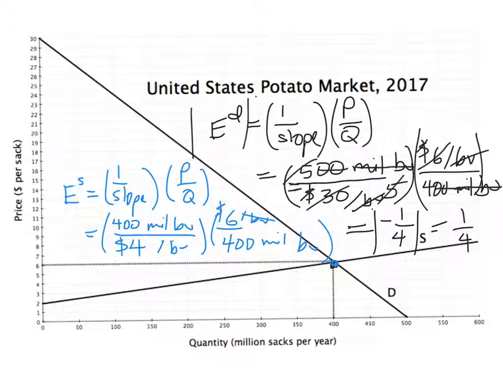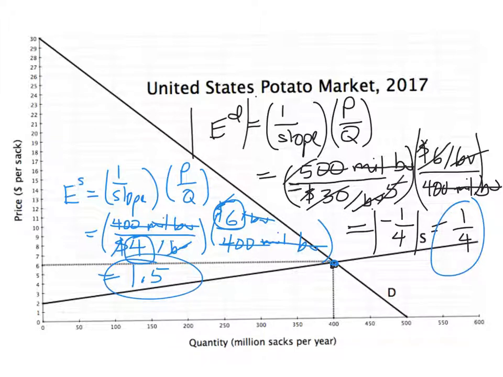Well, I'm going to get a lot of things to cancel out here. Notice the units all cancel out. The millions still cancel out. Let's see, 400 over 400 is 1. So I'm left with positive 6 over 4. Positive 6 in the numerator is the only thing left that hasn't canceled, over 4. So the elasticity of supply is positive 1.5.